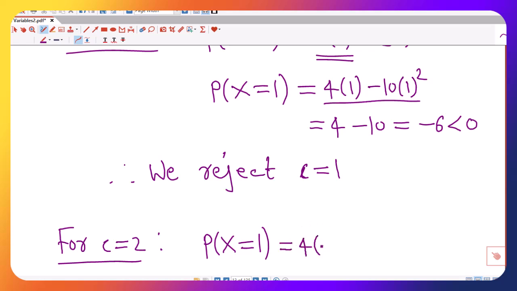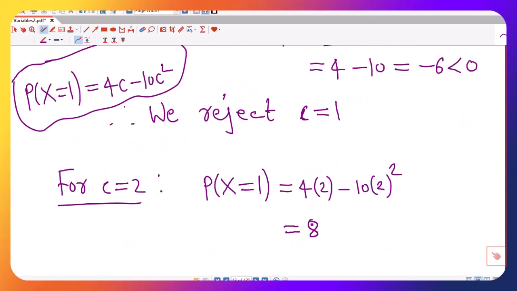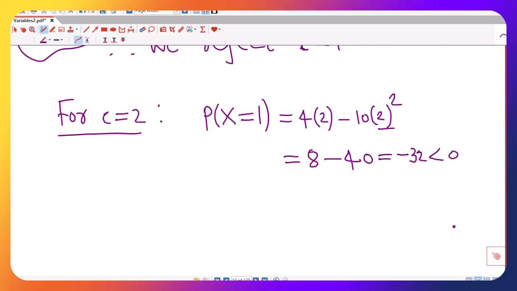So if I put c equal to 2, we have probability that x equal to 1 is 4c minus 10c square, and here we put c equal to 2 now. So 4 into 2 minus 10 into square of 2, and you can see this is also going to be negative. 8 minus 40, that is minus 32, which is negative. So we must reject c equal to 2 also.